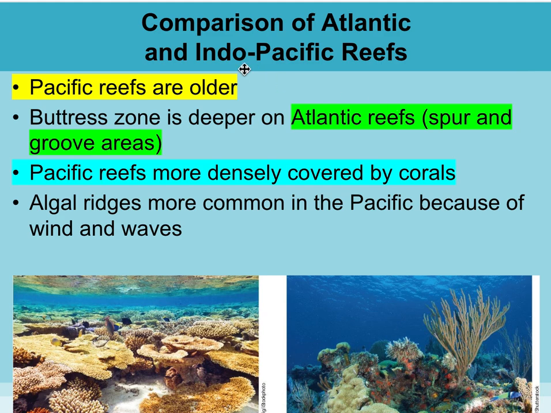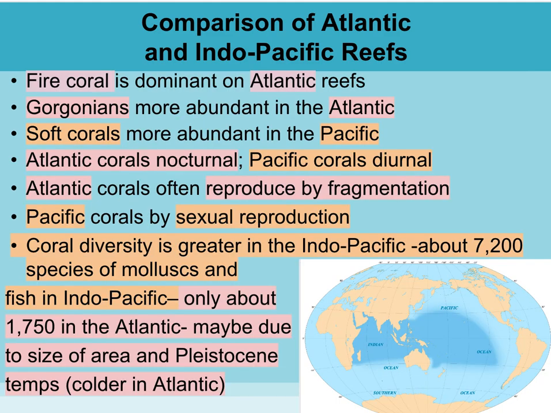Okay, in general, Pacific reefs are older than the Atlantic reefs, and the Atlantic reefs have some really good spur and groove reefs. And the Pacific reefs are very densely populated by coral, and there's a lot of algae in the Pacific corals.